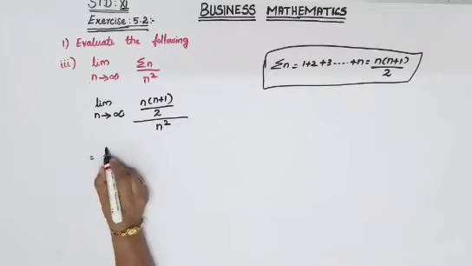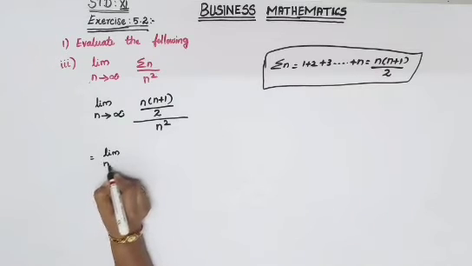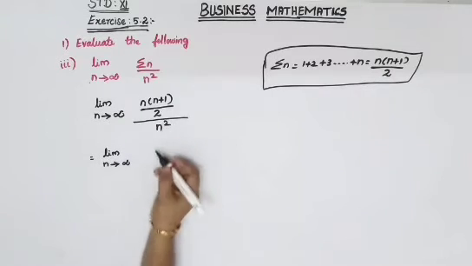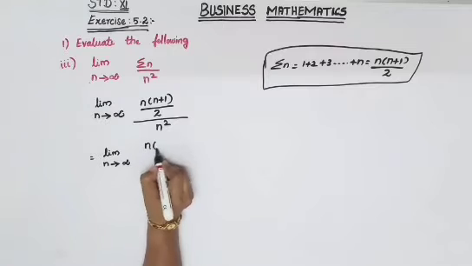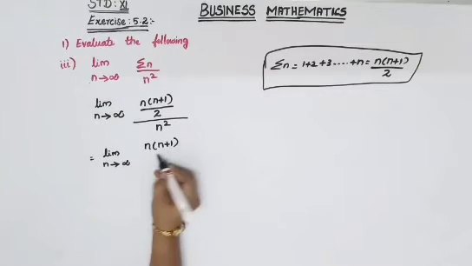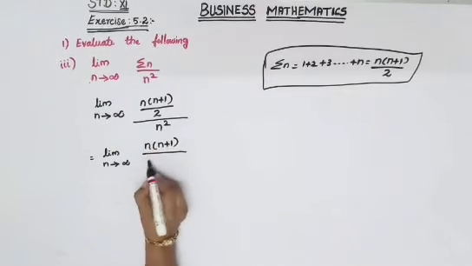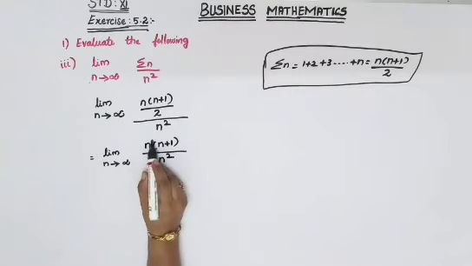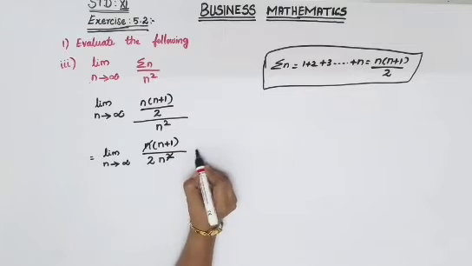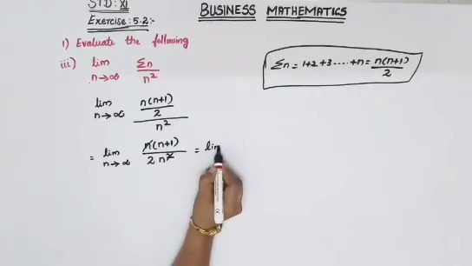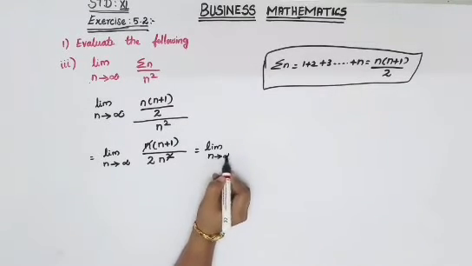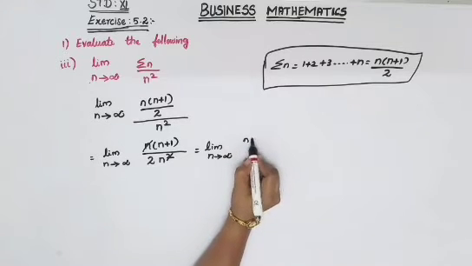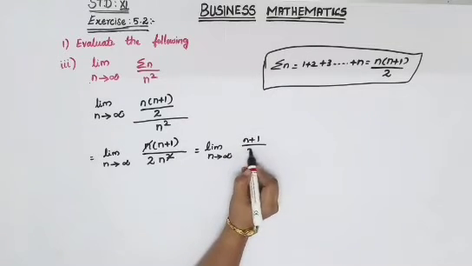So it is equal to limit n tends to infinity. This you can write as n into n plus 1 divided by, you can bring this 2 to the denominator as 2 into n square. So this n and one n will go. So you'll have limit n tends to infinity, n plus 1 divided by 2n.